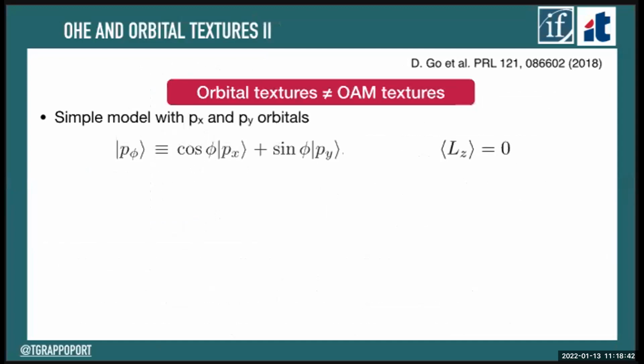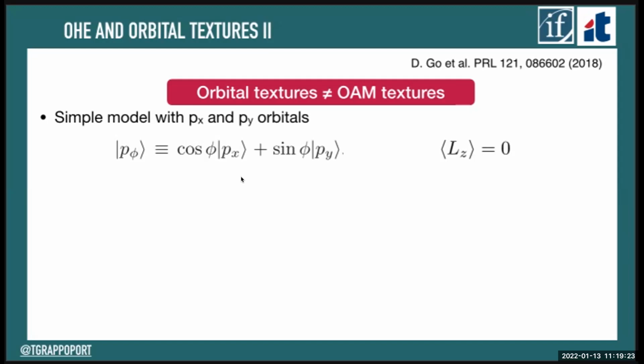Well, it seems quite nice, but this is not the whole story, because different from spins, it is possible to have an orbital texture without any orbital angular momentum, as it was discussed in this original paper of Dongwook. So let's imagine a very simple model with only px and py orbitals in that same circle that we were seeing before at the Fermi energy. So it's possible to have an orbital texture in that Fermi surface, which is given by this equation, which is a real superposition of px and py, which means that at all points Lz is 0.